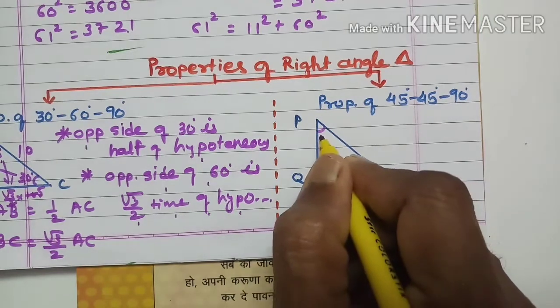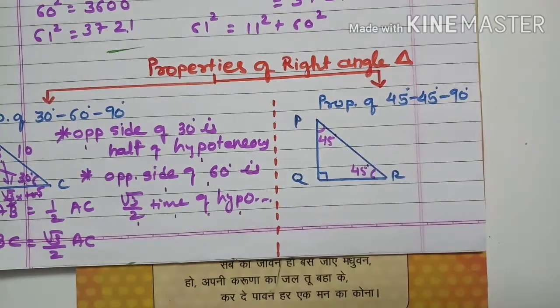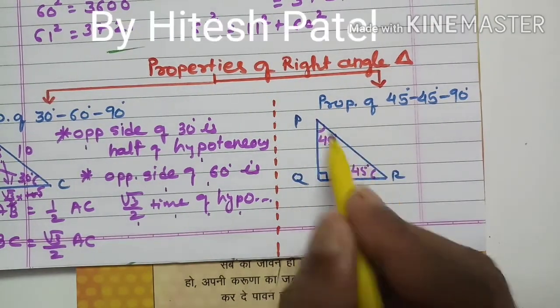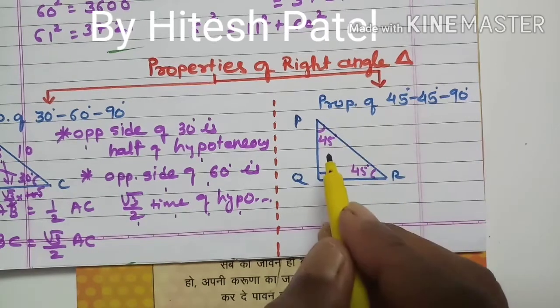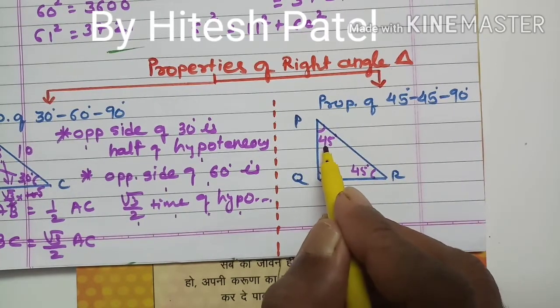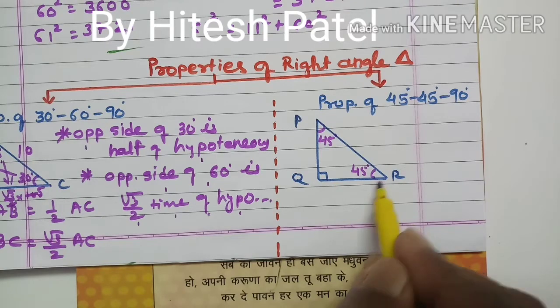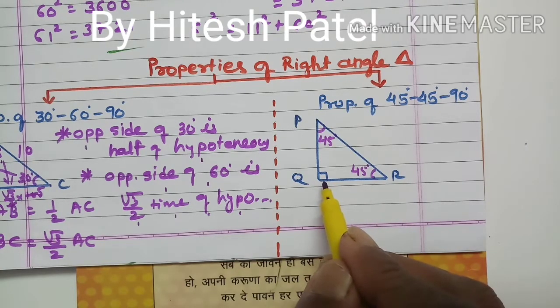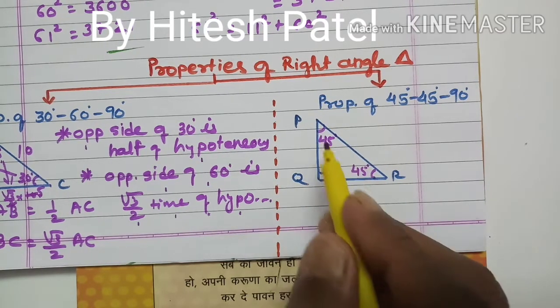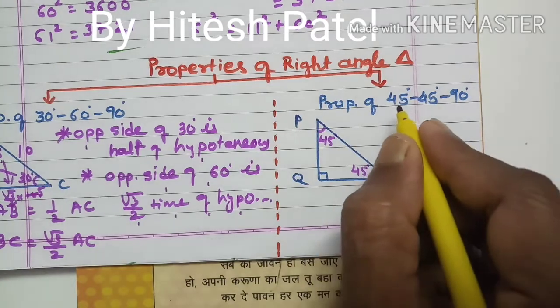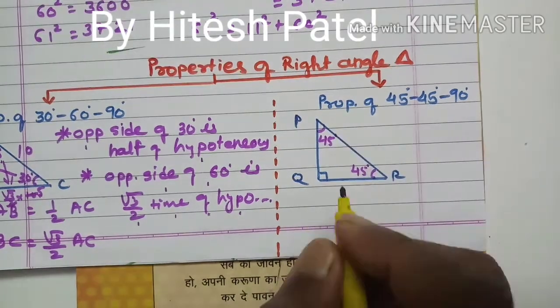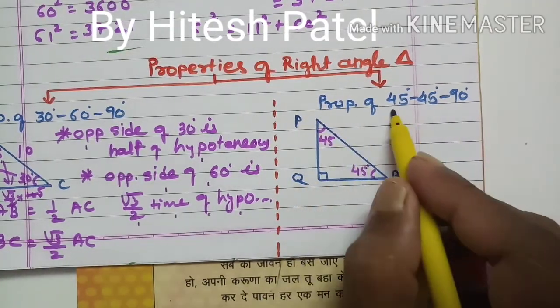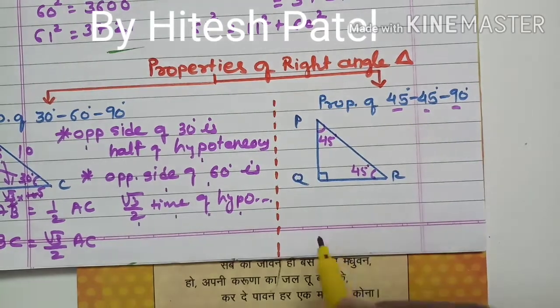It will also be 45. So in this triangle PQR, angle P is 45, angle R is 45, and angle Q is 90. So this triangle is called a 45, 45, 90 triangle.